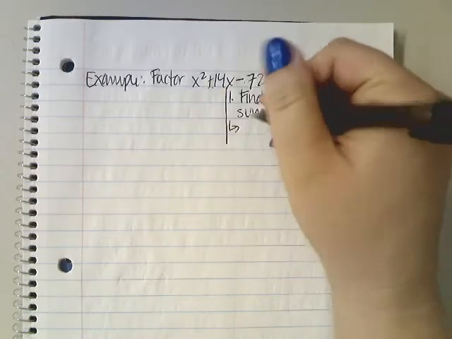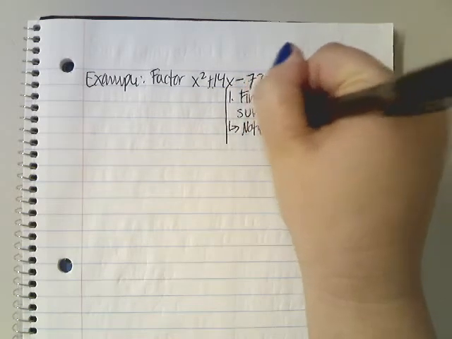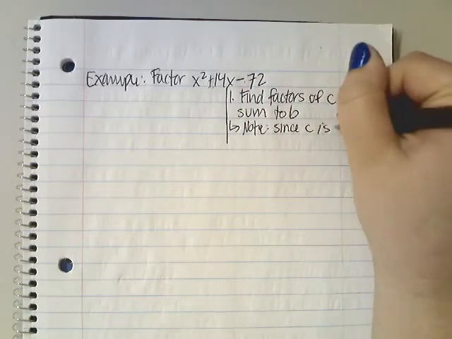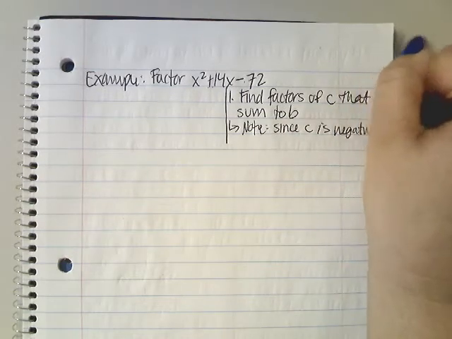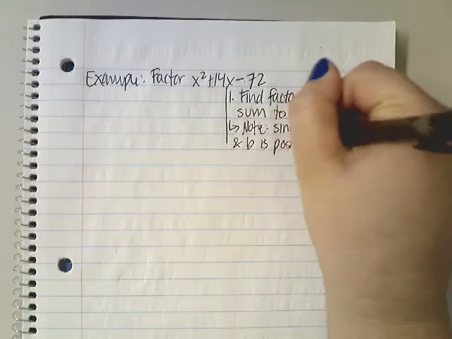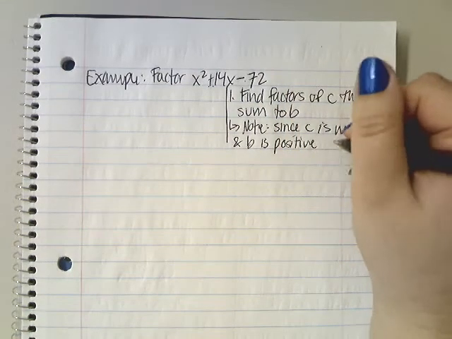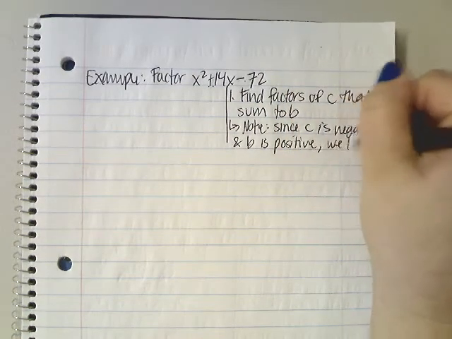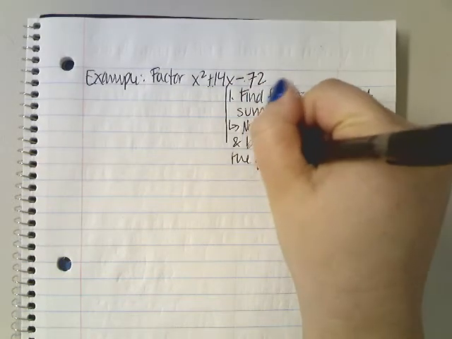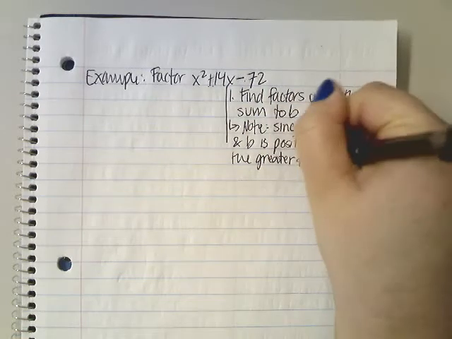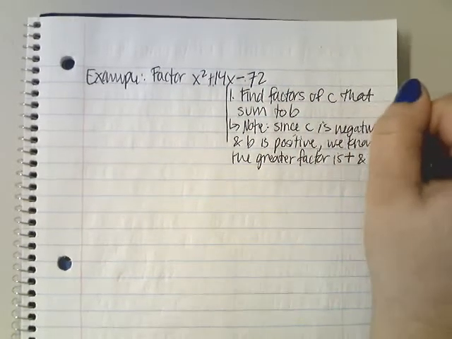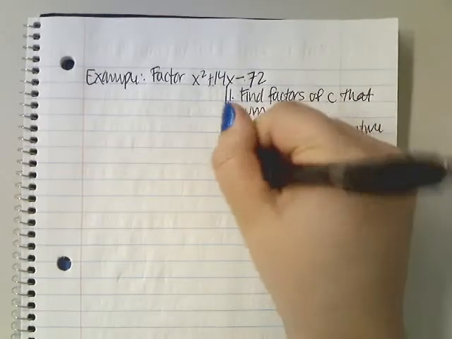So I'm going to make a little note here. Note, since c is negative and b is positive, we know the greater number, or greater factor, is positive, and the lesser is negative.